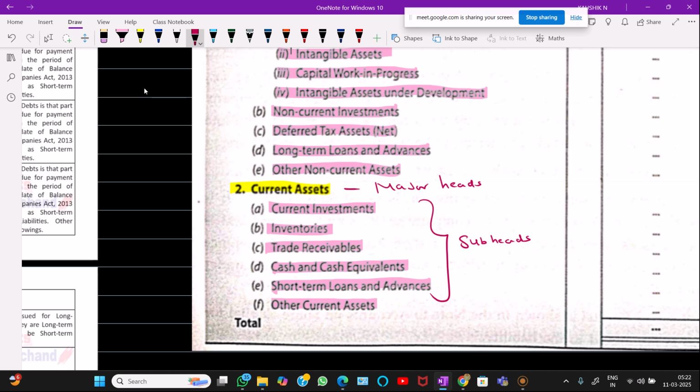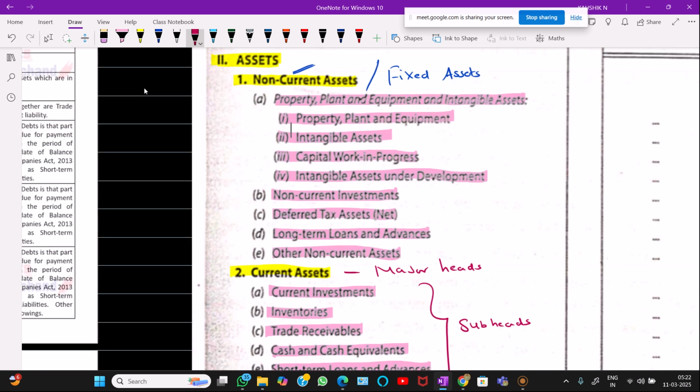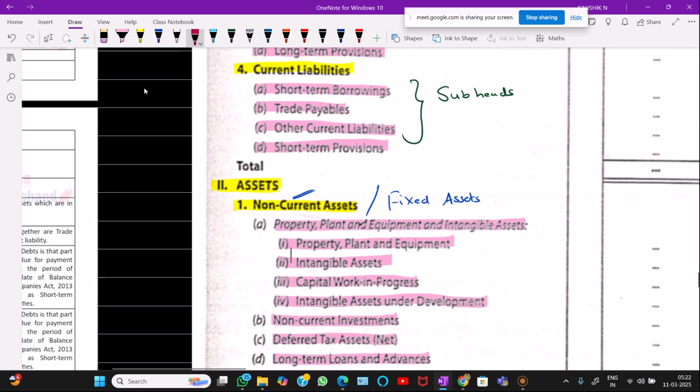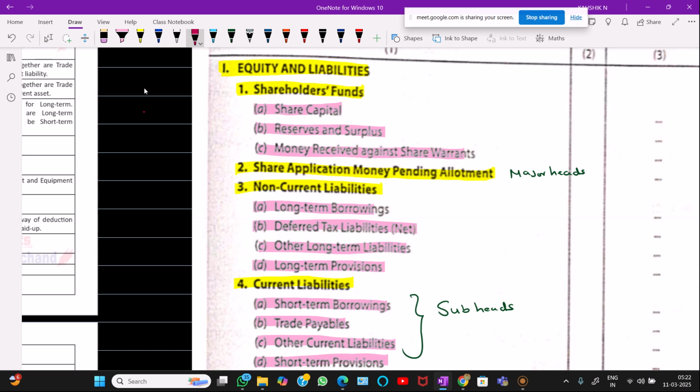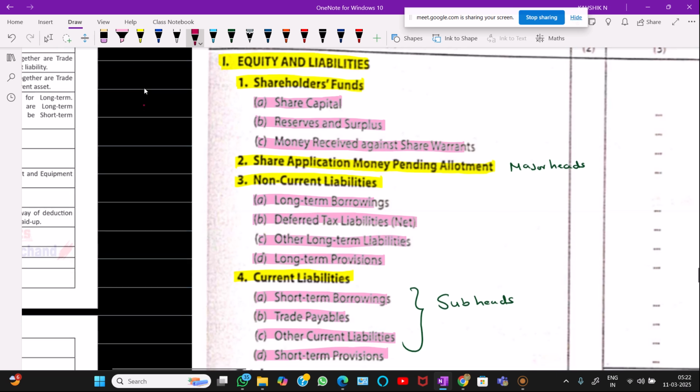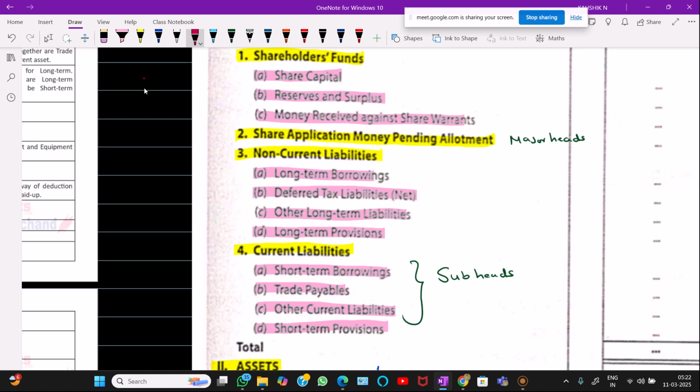If it belongs to non-current assets or fixed assets, then you have five subheadings, and you must decide under which one you classify it. That's what we are going to learn. The same applies if it is a liability item: whether it belongs to shareholder funds, non-current liability or current liability.